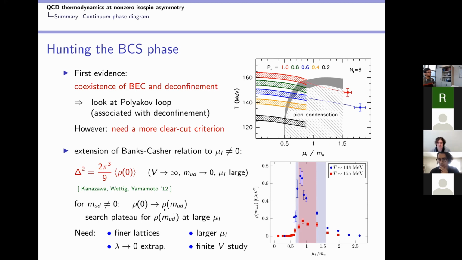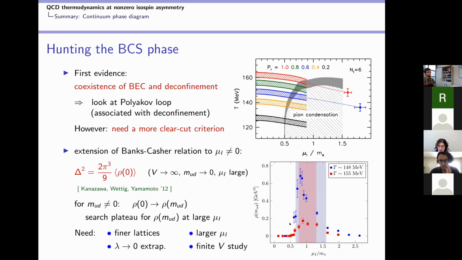What we have is, of course, non-zero pion mass. We're also not in the infinite volume limit, and unfortunately not at very, very large mu I, but still we try to look at this eigenvalue density at m_ud, which is the light quark mass on the lattice.